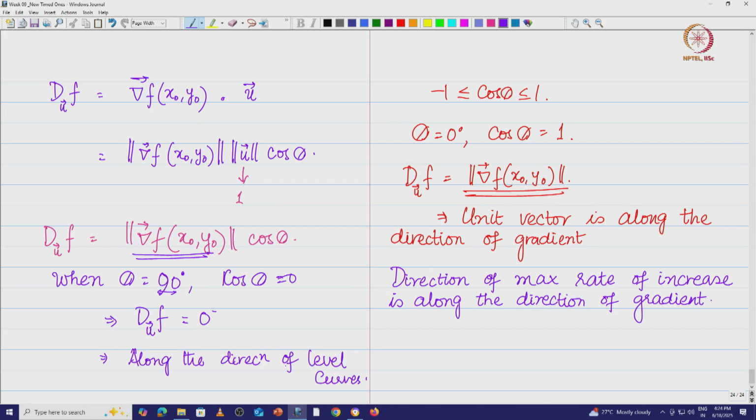That we are going to call the direction of steepest ascent, or climb.